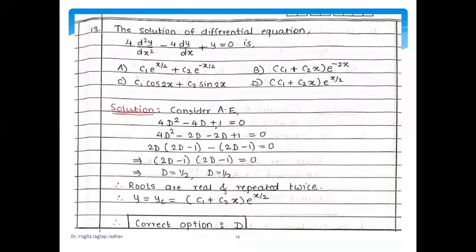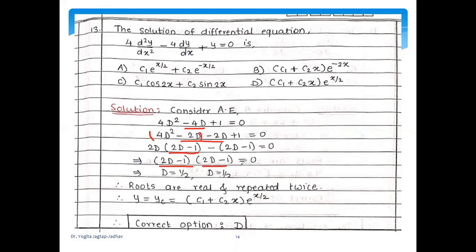In order to obtain the factors for this quadratic equation, I have written this -4D as -2D - 2D. By taking 2D common from the first two terms, we have 2D times (2D - 1). From the last two terms, a minus sign is taken common. Therefore, in the bracket, we have 2D - 1. Again, by taking 2D - 1 common, we get in another bracket 2D - 1.